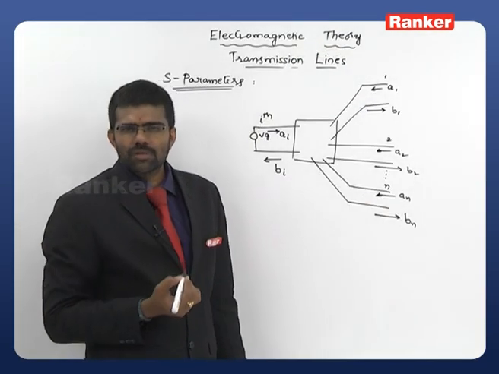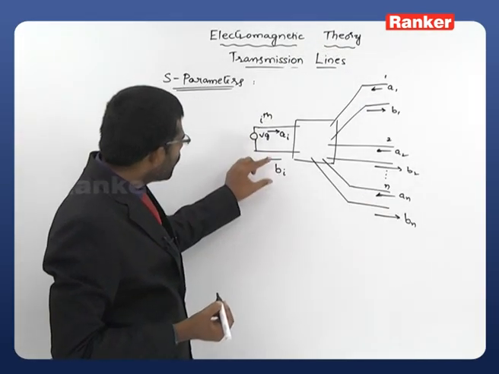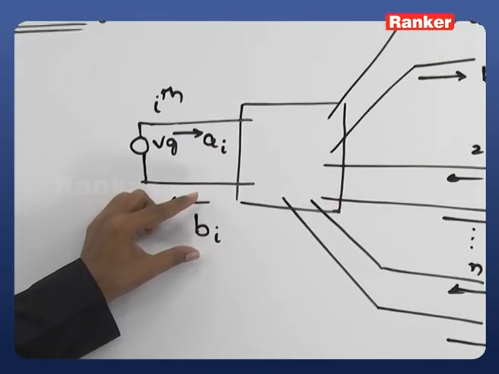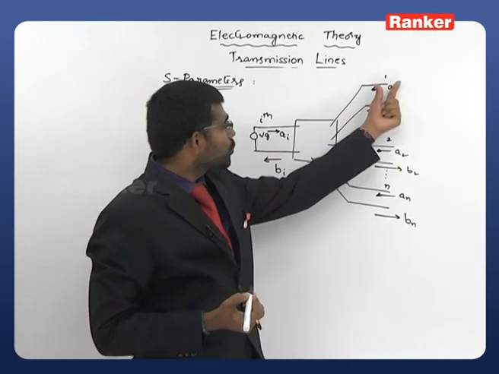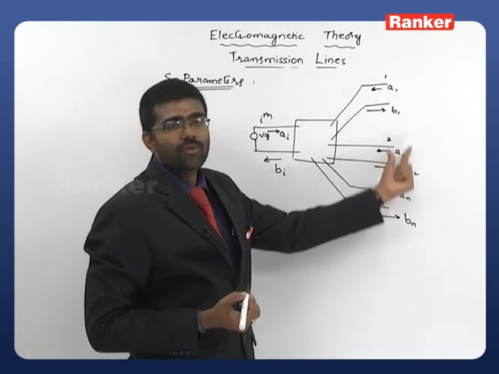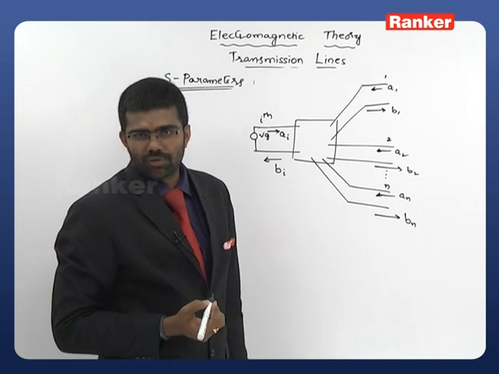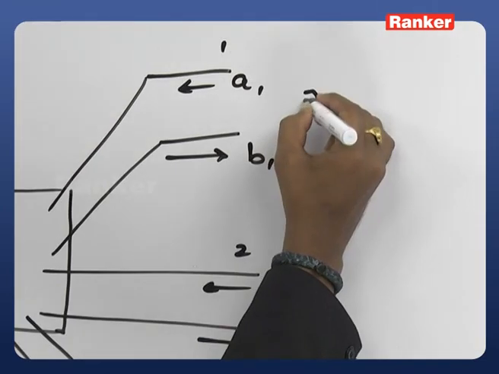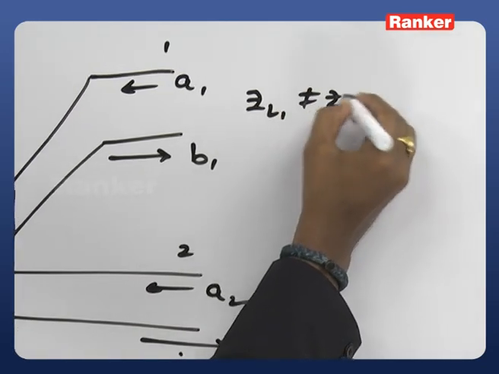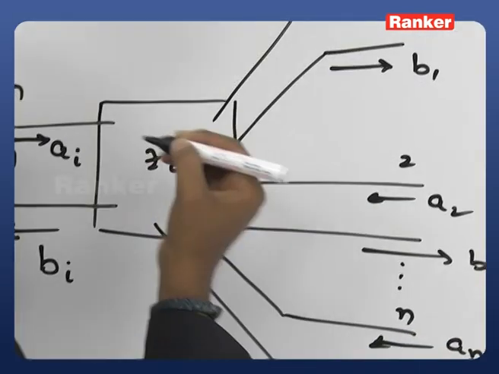Now a very simple equation will be there. Whenever we observe the reflection or output coming from the ith port, we are also supposed to consider all the reflections coming from the first port to the nth port. You will get reflection whenever the load connected here, let us take ZL1, is not equal to Z0, the characteristic impedance of our junction.